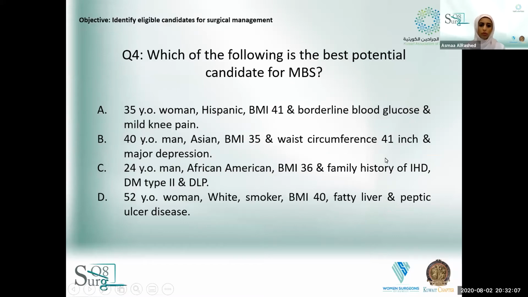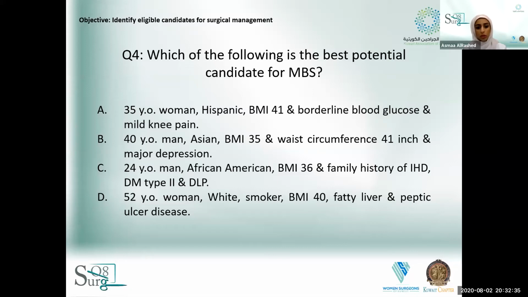So this is a question that you didn't have before, and you may be able to answer. Which of the following is the best potential candidate for metabolic surgery? A, a 35-year-old Hispanic woman with a BMI of 41, a borderline blood glucose, and mild knee pain. Or B, a 40-year-old Asian man with a BMI of 35 and a waist circumference of 41 inches, who has major depression.